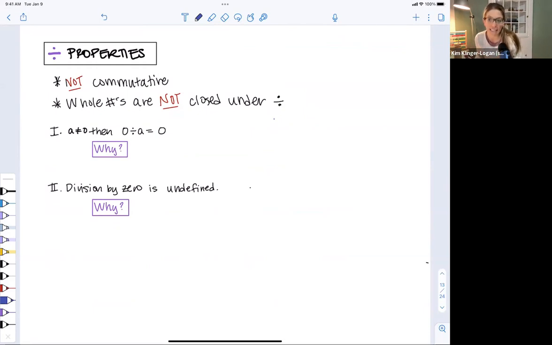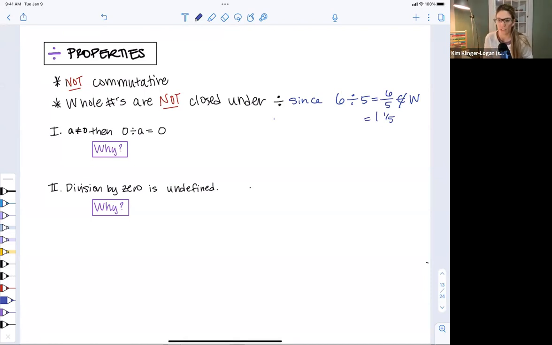If I take 6 and divide by 3, I get 2, which is a whole number. But if I take 6 and divide by 5, that's not a whole number. That's 1 1/5 or 6/5 is fine too.